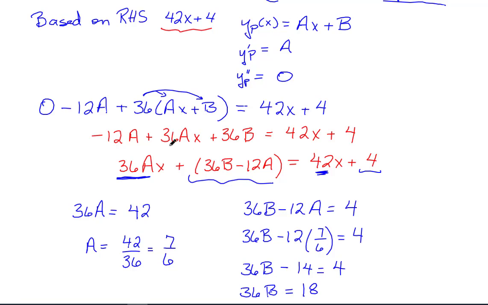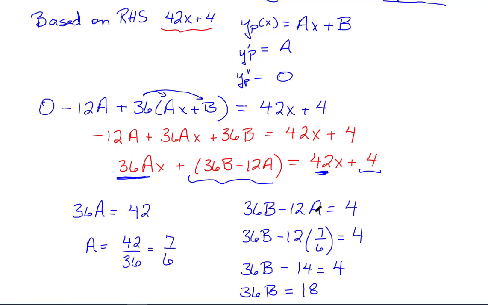And this should equal our right hand side. Alright, so let me grab this part that has an x in it. This part has no x in it. And now I'm just going to match them up. So 36a has to be 42. So that gives me a is 42 over 36, which would reduce to 7 over 6. This part, the 36b minus 12a, matches up with the constant 4.